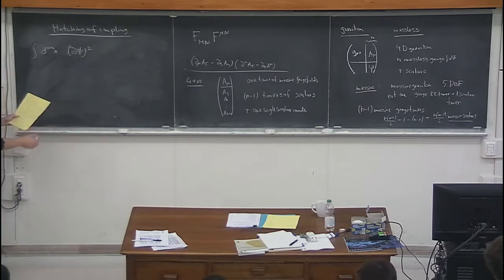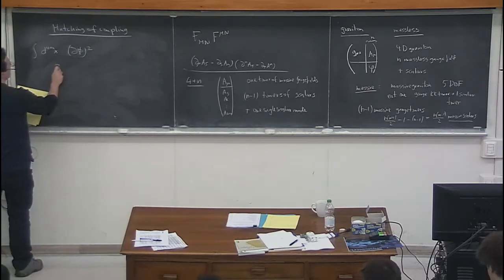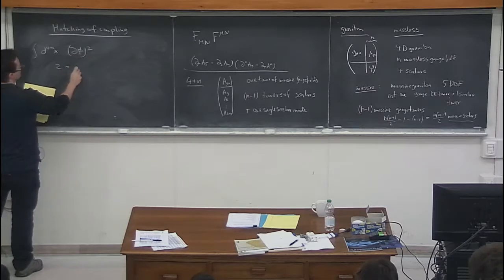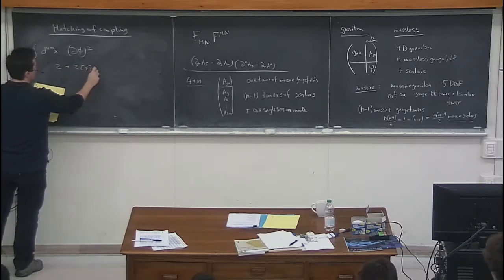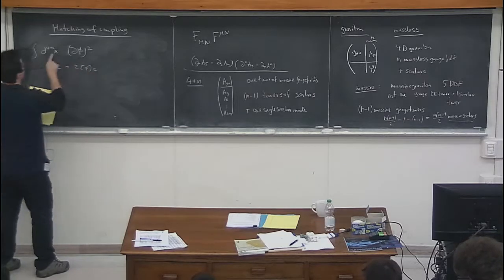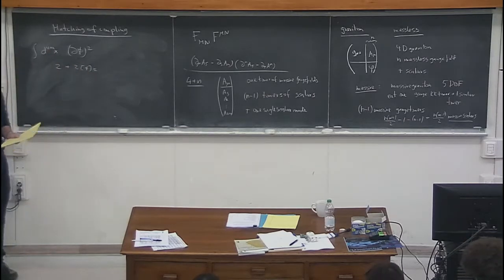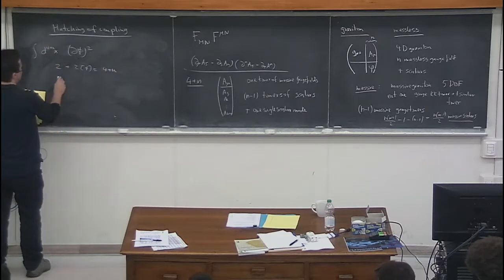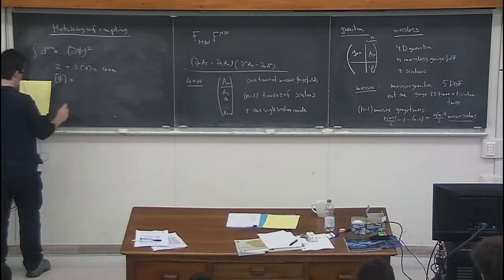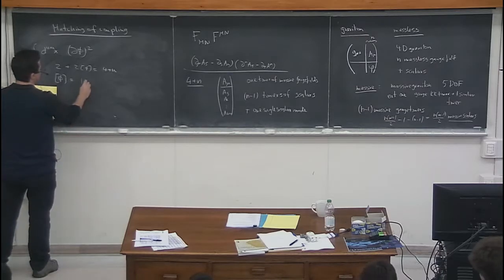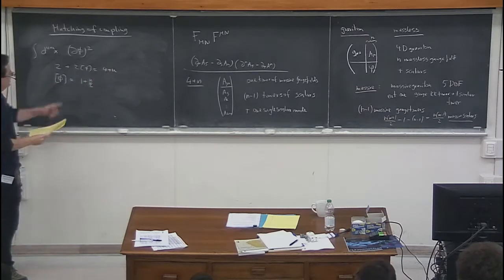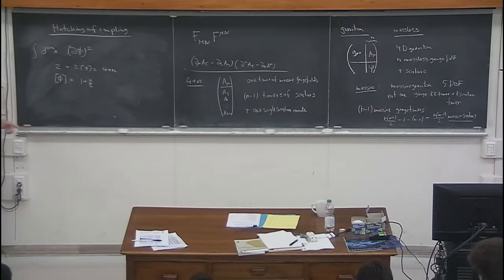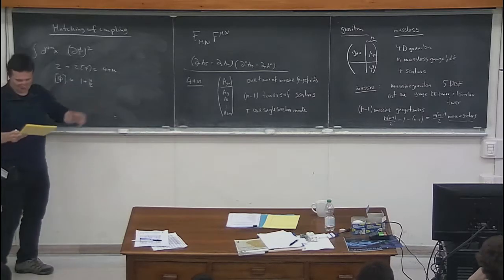So you have 2, because you have 2 derivatives, plus 2 times the dimension of the field must be equal to 4 plus n. What you get is that the dimension of a scalar field in 4 plus n dimensions is 1 plus n over 2. So in 5 dimensions, a scalar field will not be dimension 1, but dimension 3/2. In 6 dimensions, it's going to be dimension 2, etc.